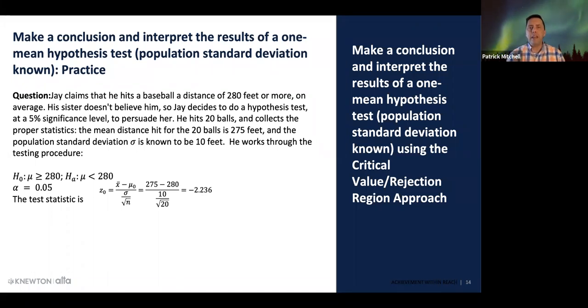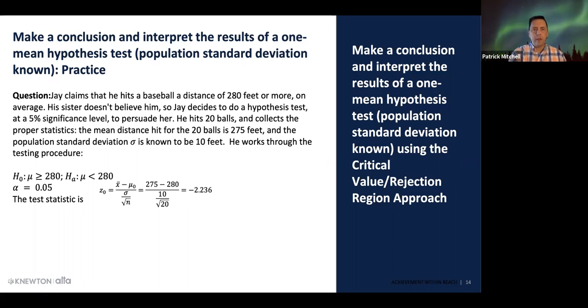Either the mean really is 280 and we just got an unusually low sample, or, if we decide that's really unlikely to happen, we could conclude that the mean is not really 280, it's actually less. And which of those we decide depends on the value of alpha.